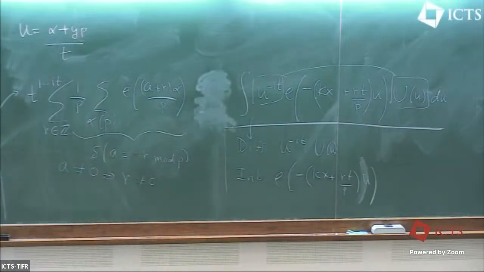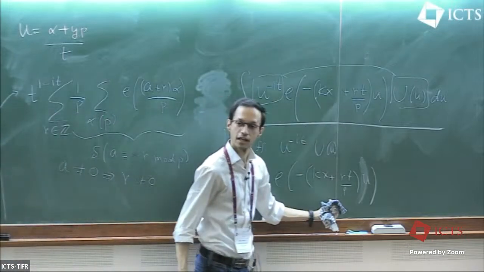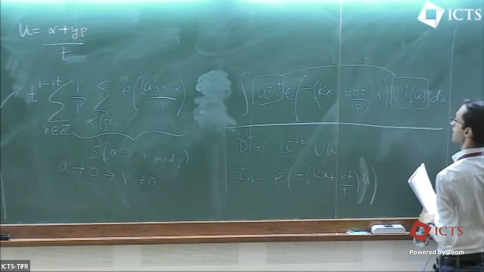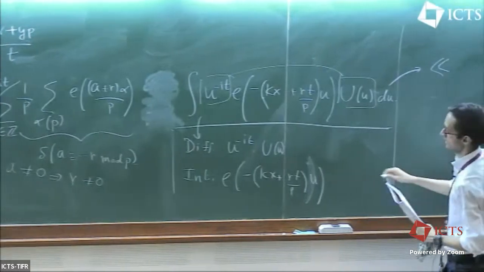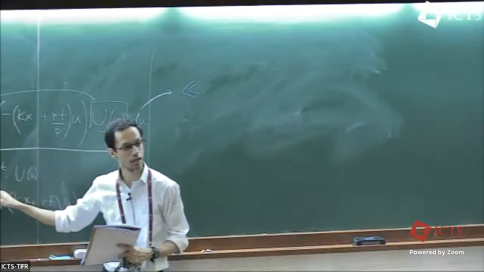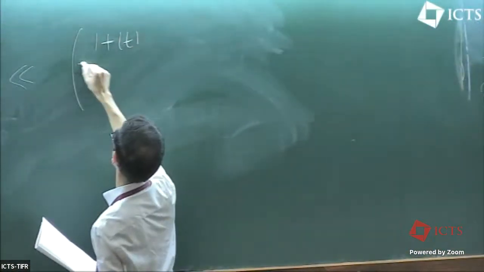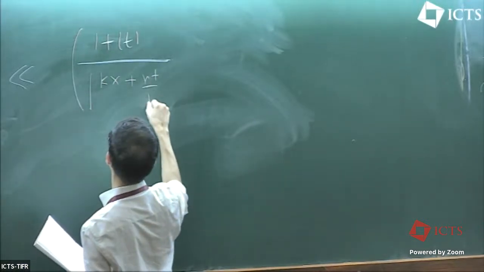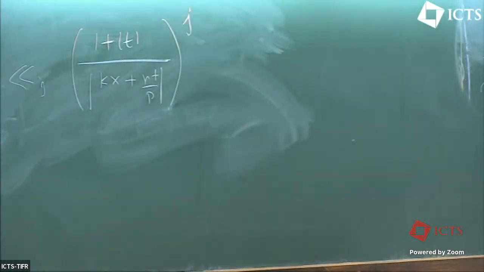When you do this integration by parts, you differentiate this combination and you integrate this one as many times as you want. So let's say you do that j times. Then this particular integral is going to be bounded by, when you take the derivatives, t minus 1, t minus 2, and all that come out. So that's going to give you 1 plus t in the numerator. And in the denominator, you get kx plus rt over p. So this happens if you do this integration by parts j times.